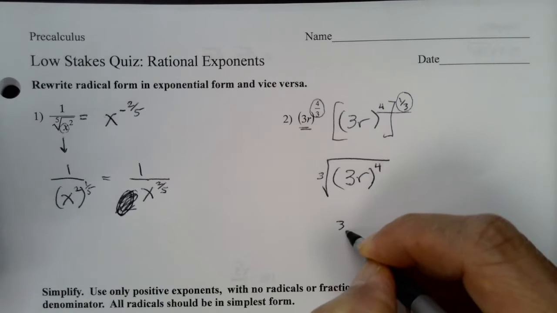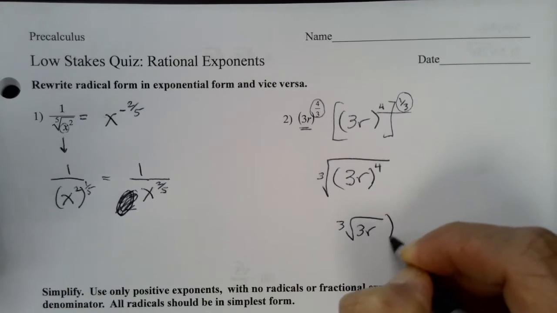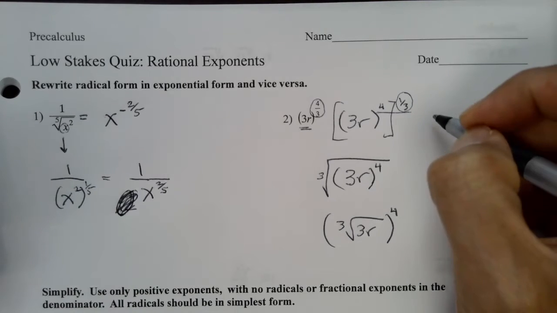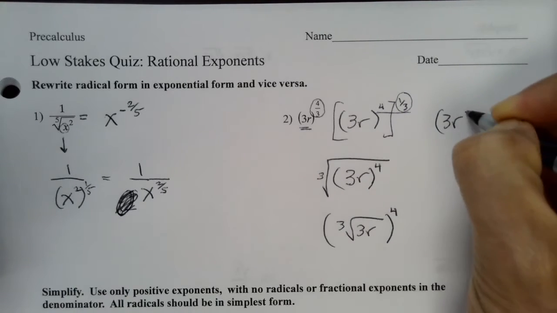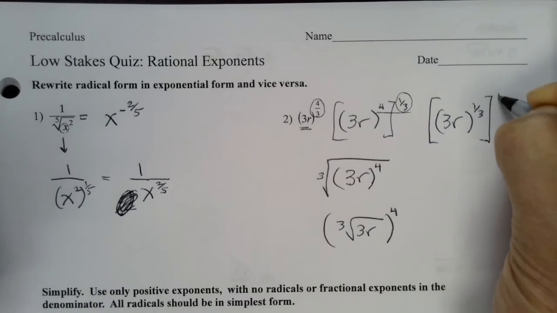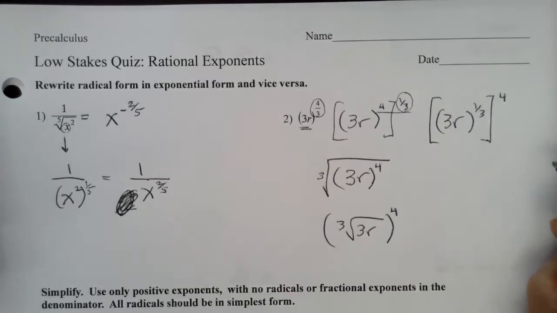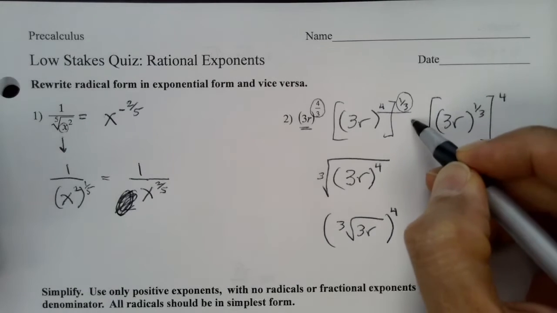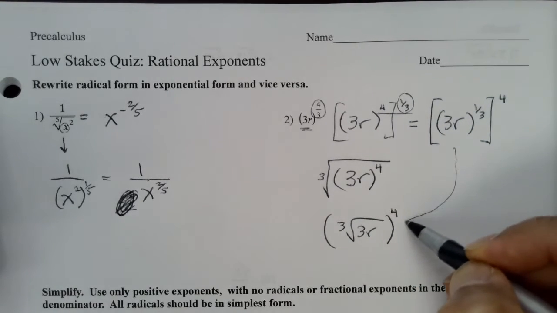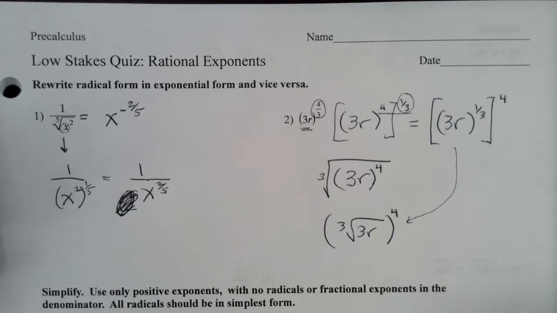You could also take the cube root of 3r, and all of that is to the 4th power. That would be equivalent. That would simply be saying, if I broke it up this way, with the 1/3 power inside and the 4th power outside. These two are identical, and both would be fine.